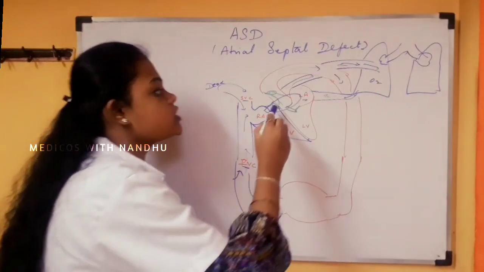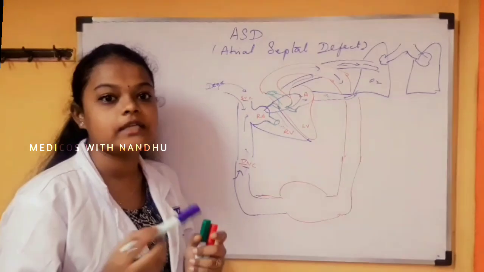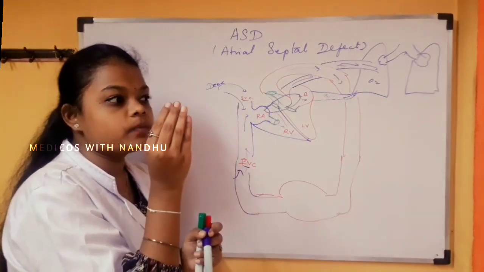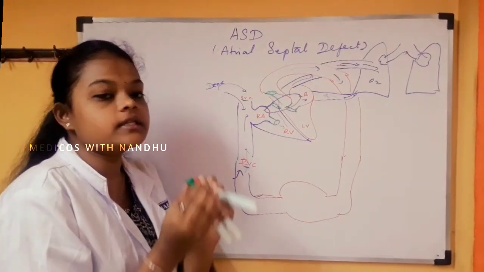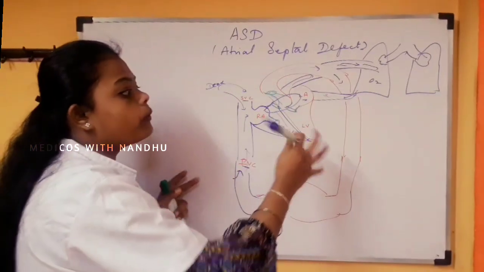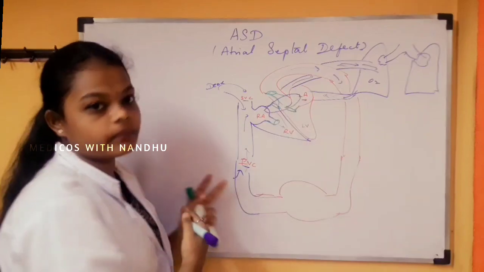The shunt of the blood depends on the size of the defect. If there is a small shunt, a small amount of blood will go from the left atrium to the right atrium. If there is a large hole or large shunt, more blood will come from the left atrium to the right atrium.